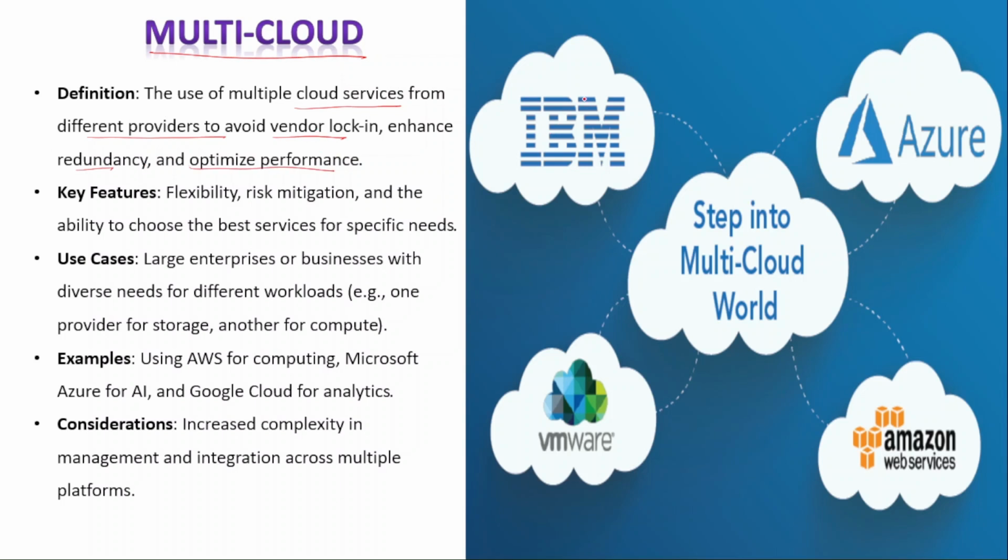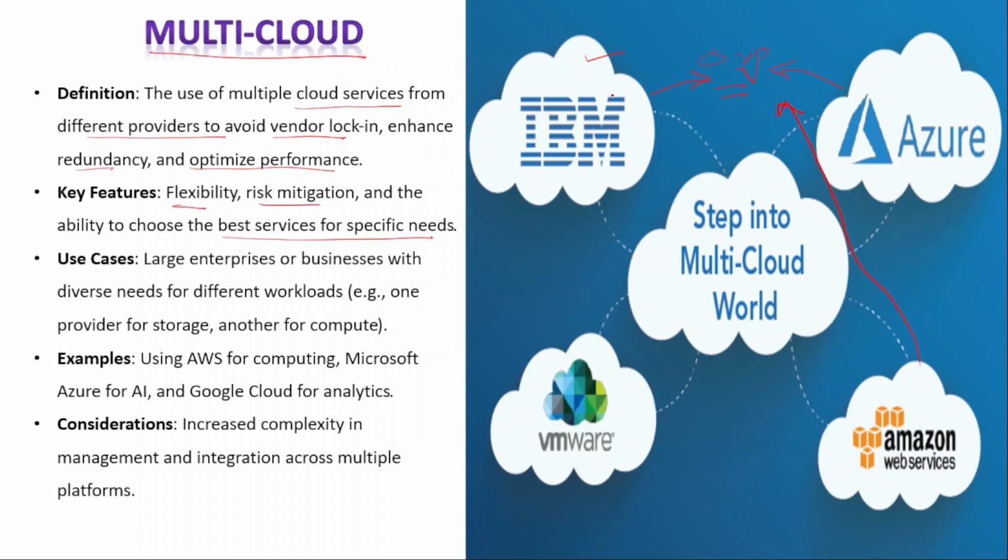Vendor lock-in means that when a user organization is restricted or locked with a single provider, while the multi-cloud means that the user or the organization is getting services from multiple cloud providers such as, let's suppose, IBM, Azure, as well as, let's suppose, AWS. So key features include the flexibility, risk mitigation, and the ability to choose the best services for specific needs.